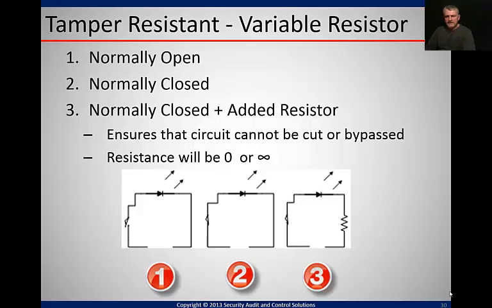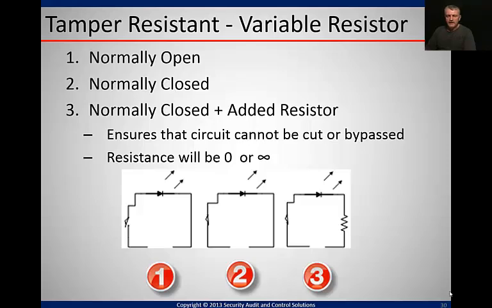Now, this slide is not really important for the exam, of course, but it just shows you how it works. You either have one normally open or two normally closed intrusion detection device. These can be bypassed. Normally open, it could be that we cut the wire, so irrespective, it will never detect it. Normally closed, we can bypass the intrusion detection device, short circuit it in, will never detect it.